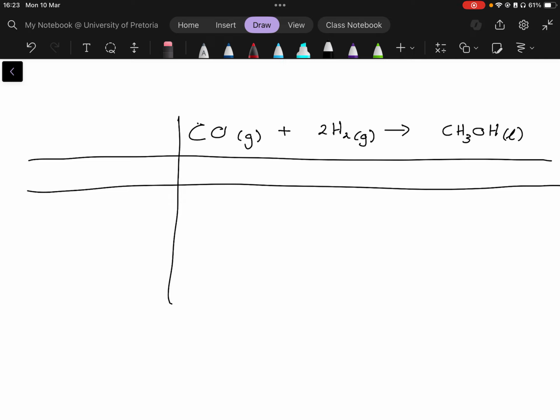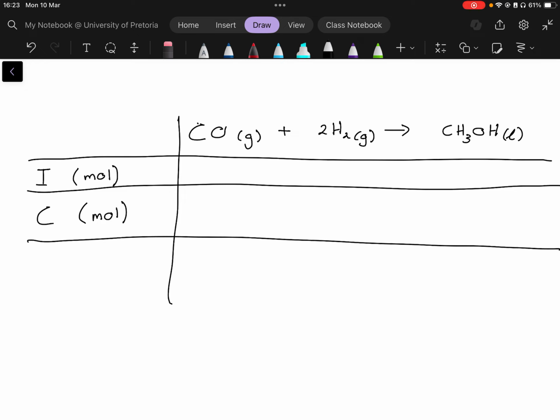And we want to look at the initial number of mole. We want to look at the change in number of mole. Some of you might start to recognize this. And then let's call it not equilibrium, but let's call it end. End, all right? The end mole.